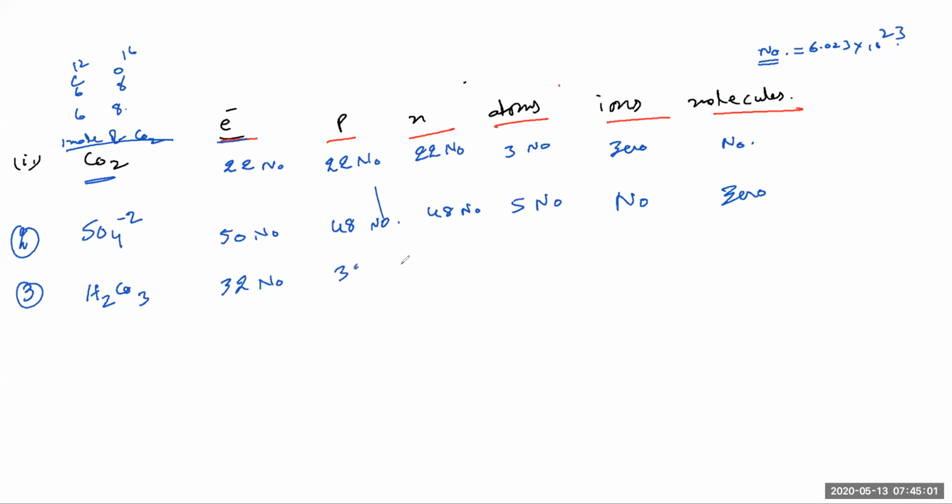Next, neutrons. Neutrons 30 only. 30 moles of neutrons. Why? Because hydrogen doesn't have neutrons. Next, atoms. How many? Atomicity 2 plus 3, 5 plus 1, 6. 6 into Avogadro number.